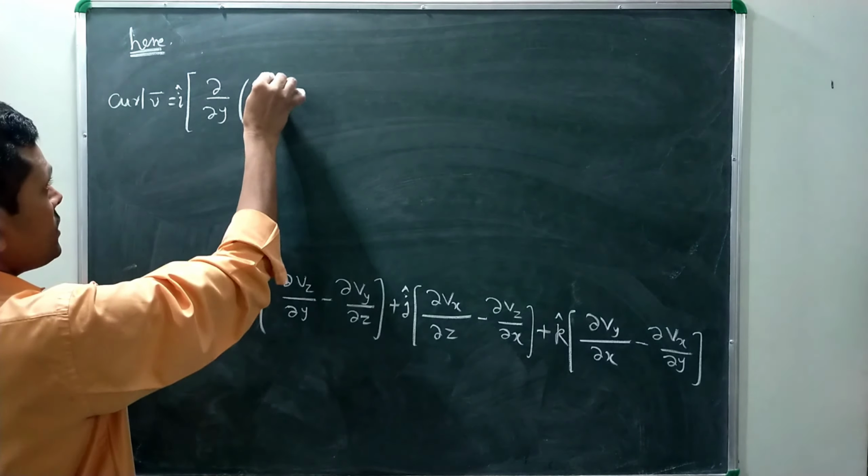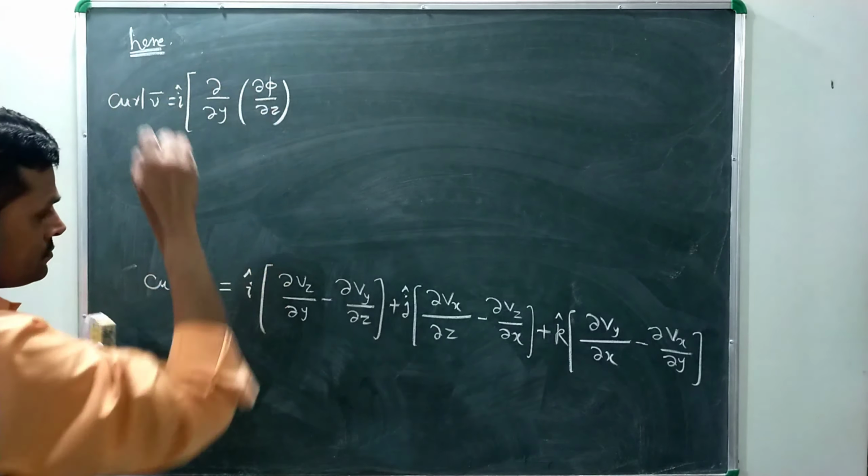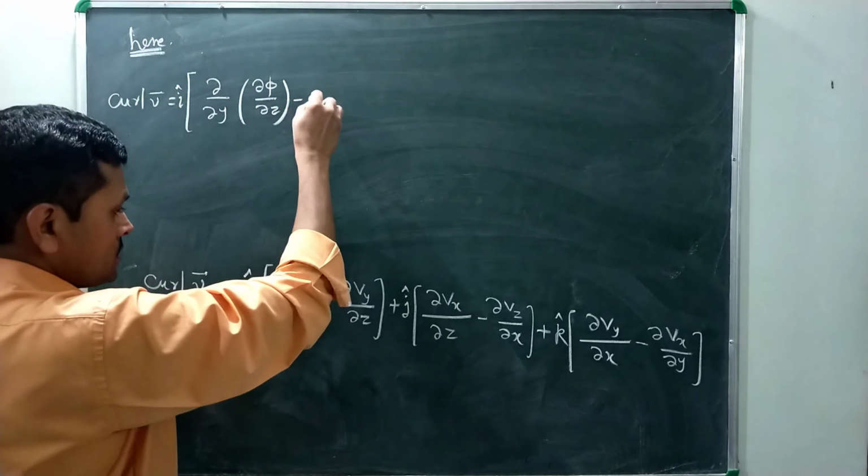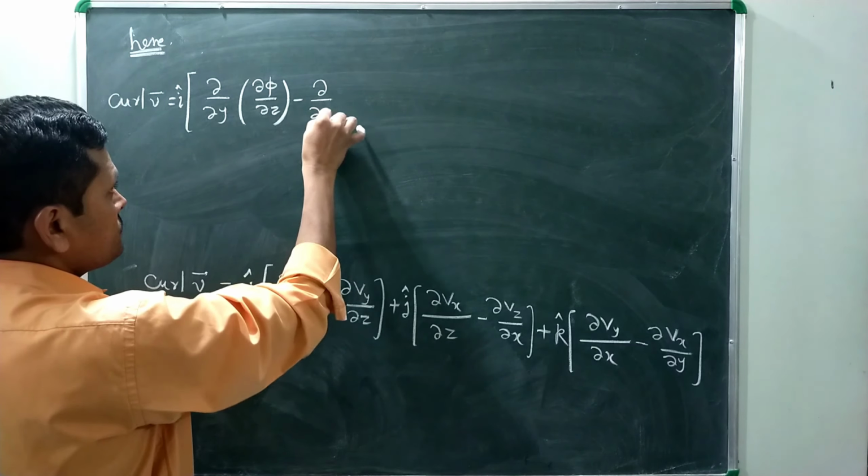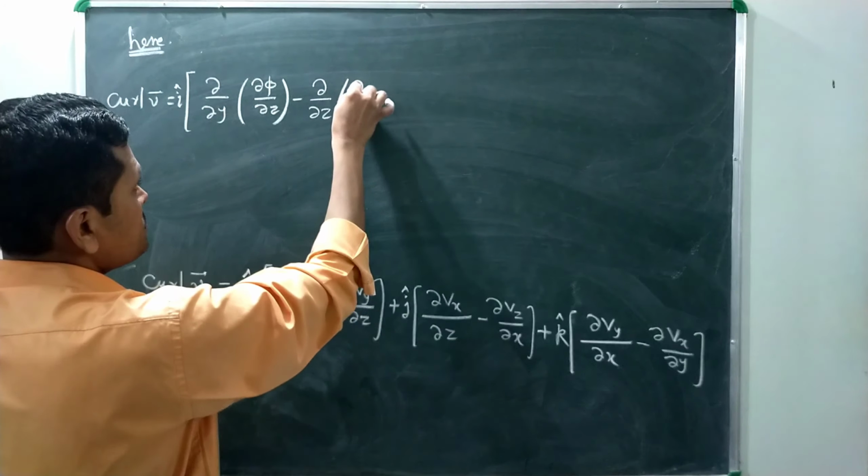It is dou phi by dou z, minus dou by dou z of Vy. What is Vy?